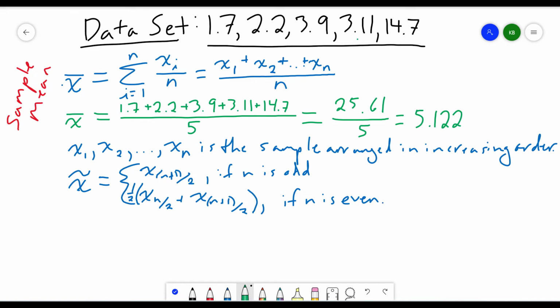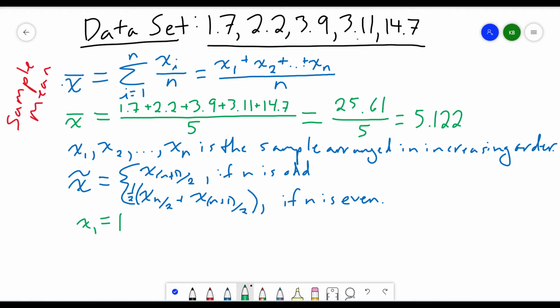So taking a look at this, we look at what we have in our sample. Remember, we had 5 elements, so we're in the n is odd case. So we have x1 through x5 as our data. We want increasing order, so we're going to take the minimum one.